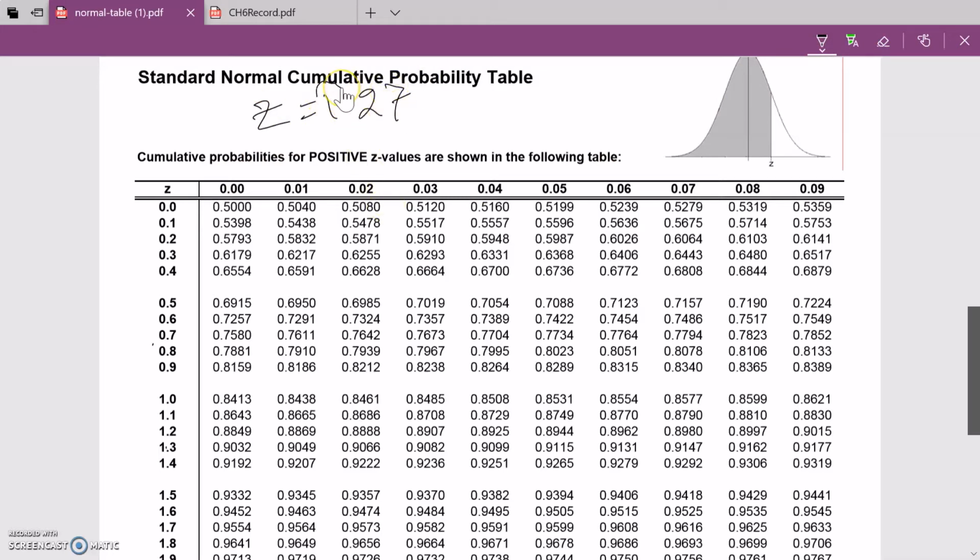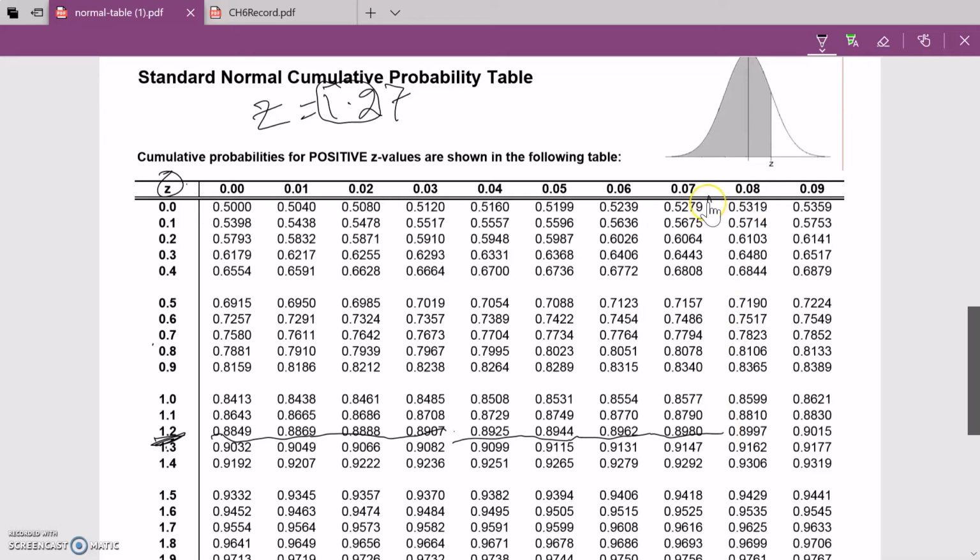So what I'm going to do is look at 1.2 in this column. Here is 1.2. And I will look at 0.07 from here. So what I'm going to do, I'm going to go like this. Keep on going.